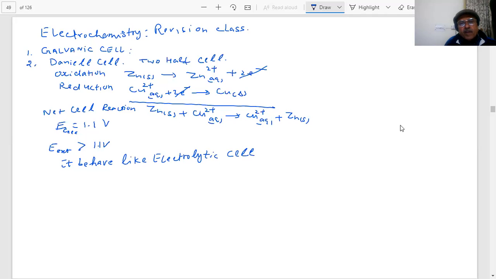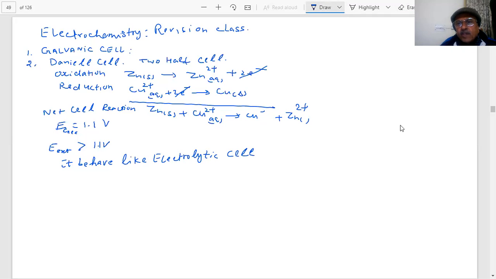The reverse will start happening, student. Here we have made some mistake in this case, student. The zinc is undergoing oxidation, we have written it wrong. Zinc is undergoing oxidation, student.